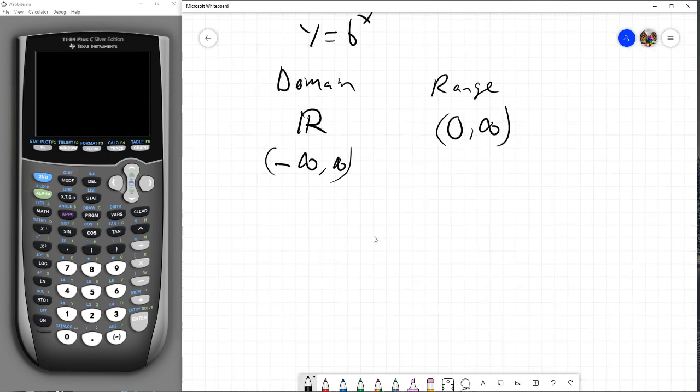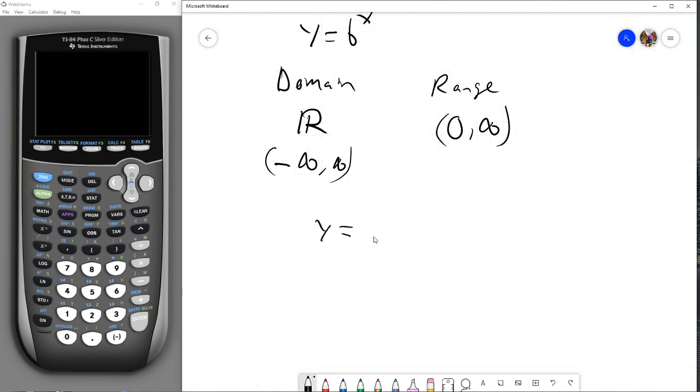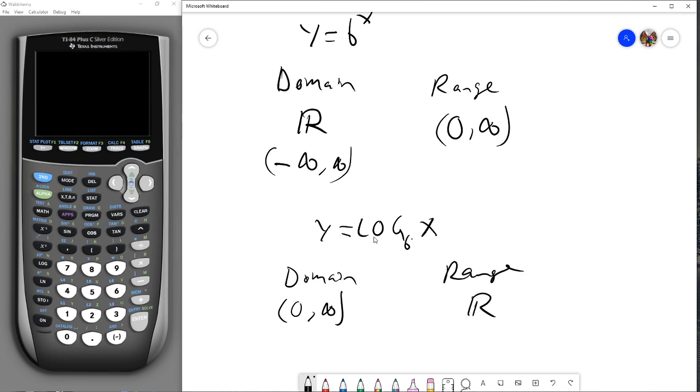And then if we have our function y equals log base b of x, our domain is going to be from 0 to infinity, and our range will be all real numbers. So we can note the relationship here. The range of the exponential becomes the domain.